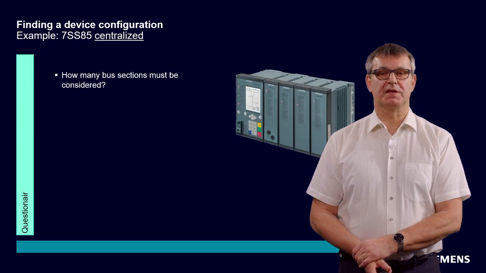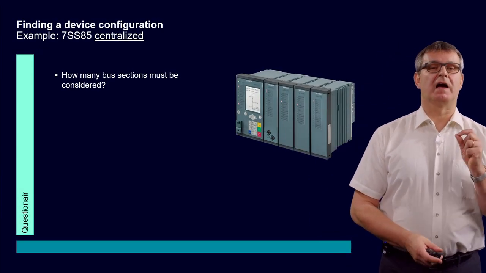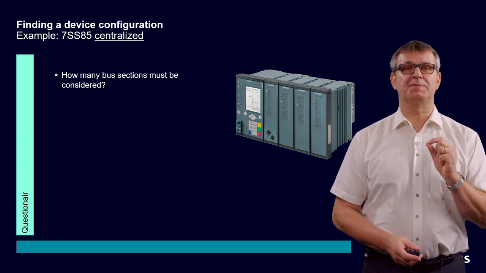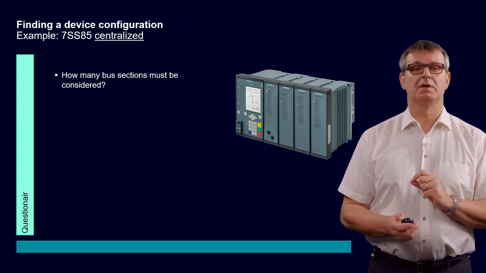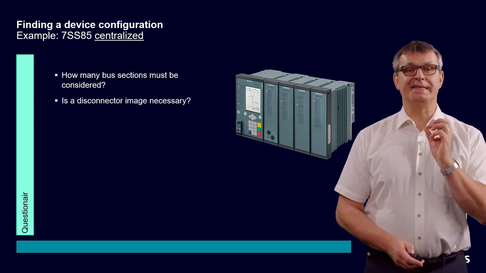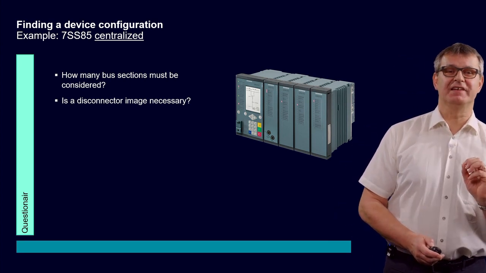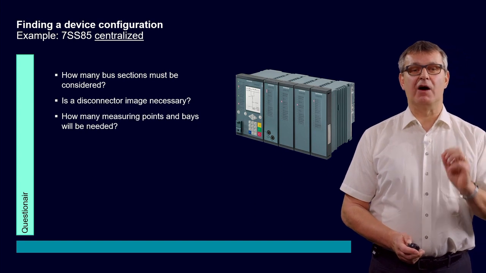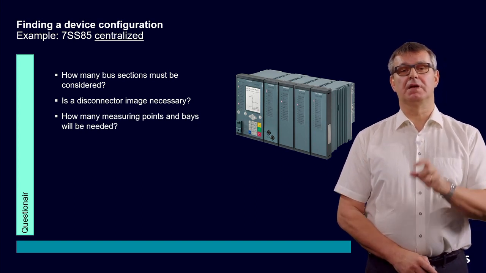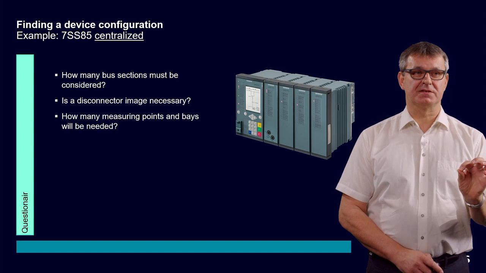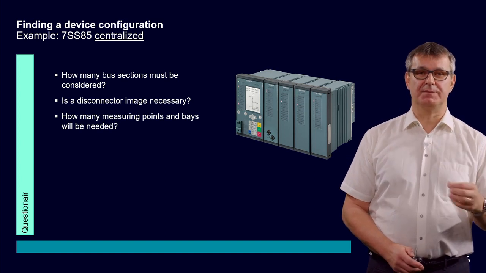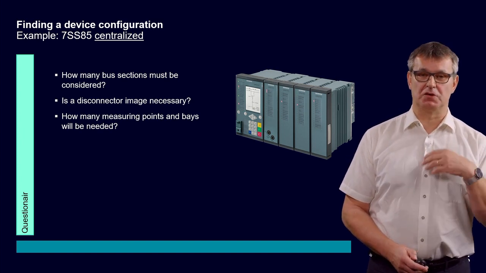What questions have to be answered? How many bus sections must be considered? Is a disconnector image necessary? I will explain it later in detail. How many measuring points and how many bays? This is quite often similar, but can quite often also be different.